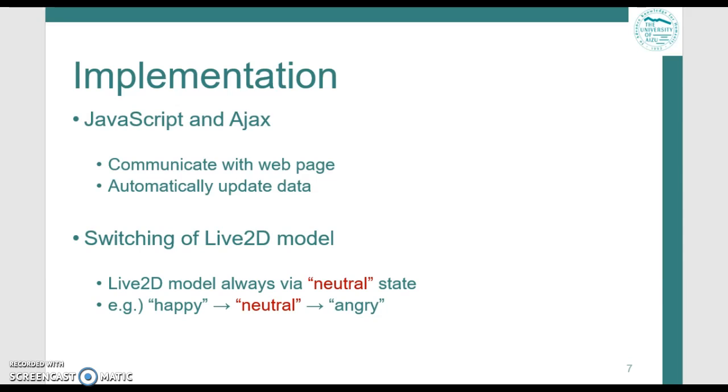The switching is that the Live2D model always goes via the neutral state when it changes expression. For example, if the Live2D model changes the expression from happy to angry, it changes in order of happy to neutral to angry. It is always via the neutral state.